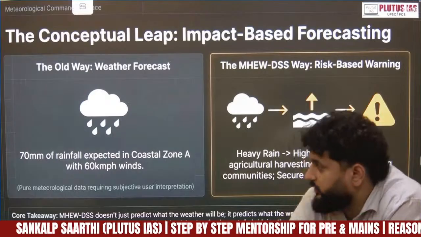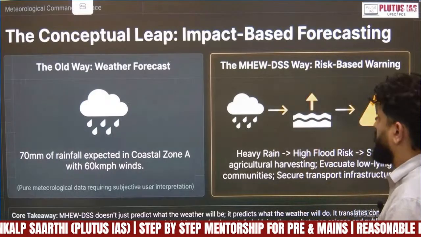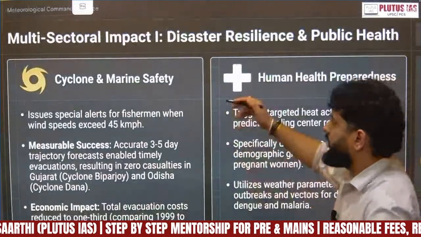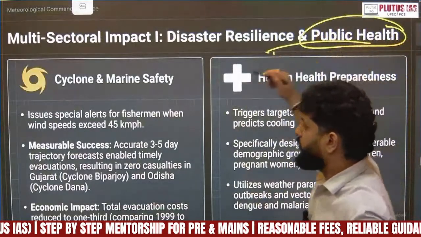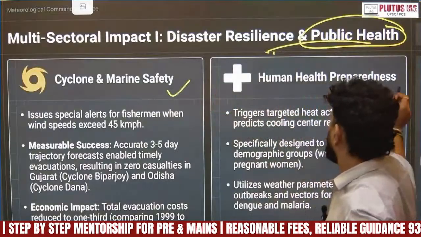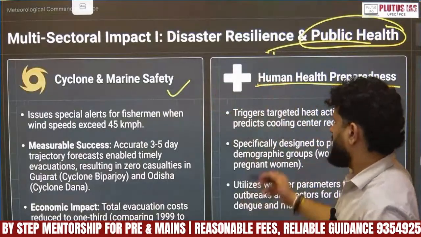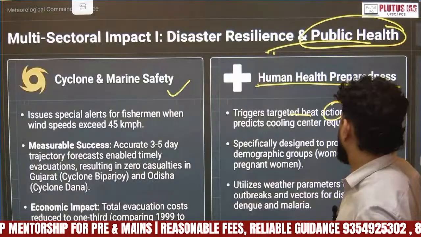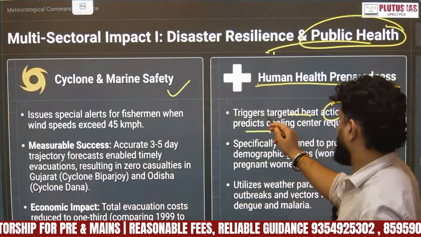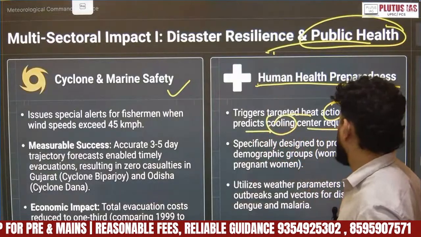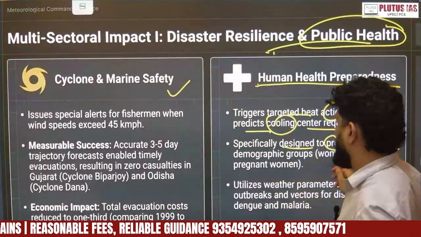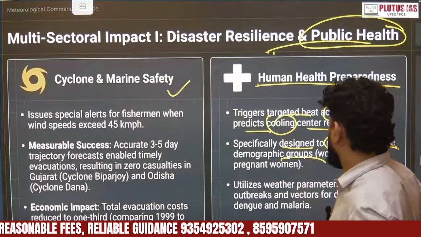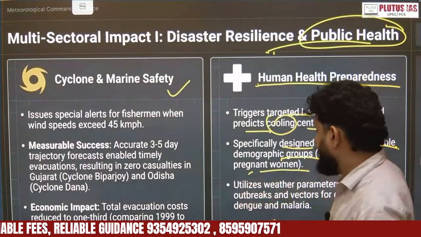So these are the major points related to this topic, like multi-sectoral impact, disaster resilience and public health. What are those? Cyclone and maritime, human health preparedness, heat action plans, and requirements specifically designed to protect vulnerable demographic groups: women, children, pregnant women, right?